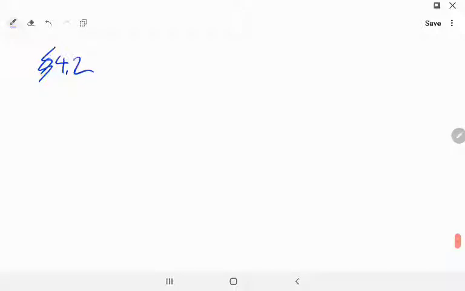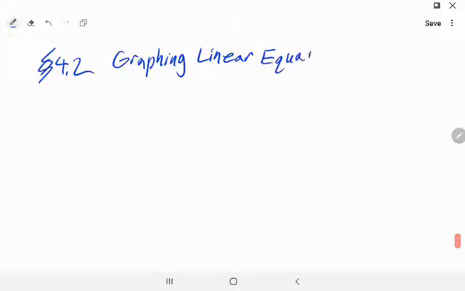We are interested in graphing linear equations using the slope-intercept method.